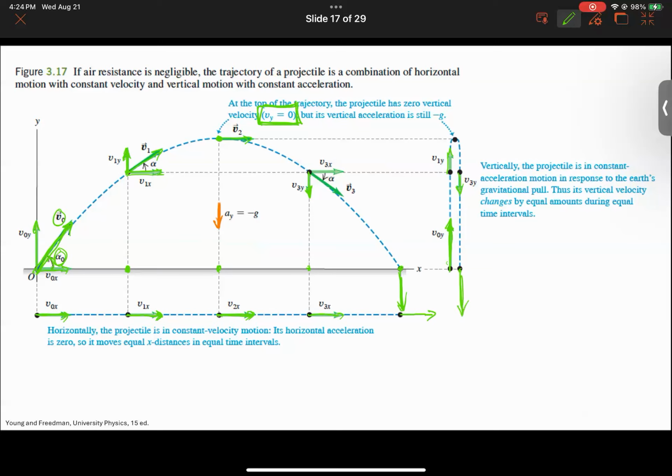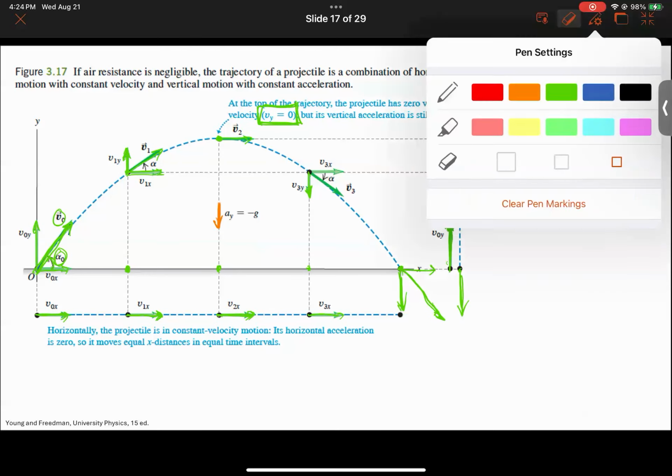Okay? So, mag-i-increase yung speed, and kakaroon ngayon ng components, okay, na ganyan. Yung velocity, okay, pagtatama niya sa ground.